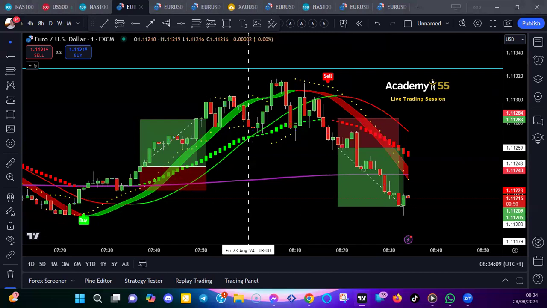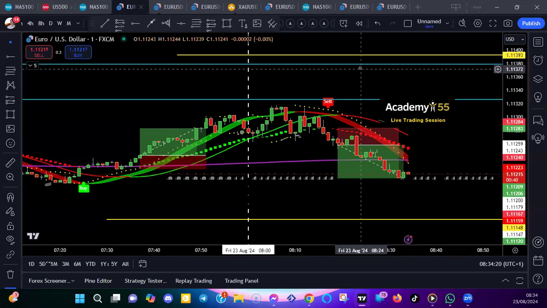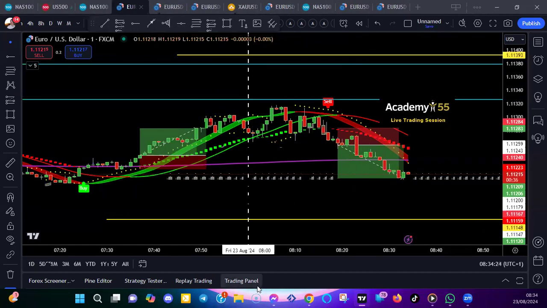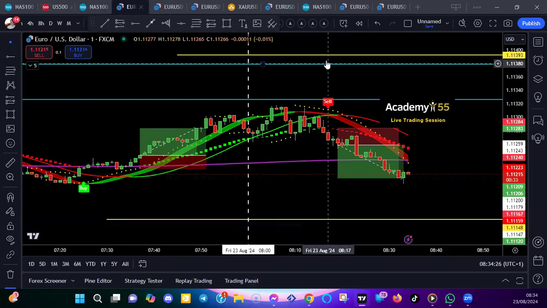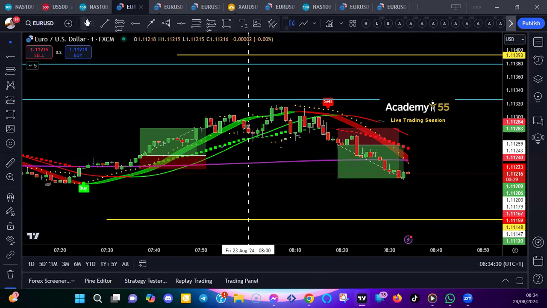Tony says he doesn't see your zone indicator lines on your 1 minute. Yeah, well, there they are there, Tony. That's the buy and that's the sell. Let's go to the 5 minutes.